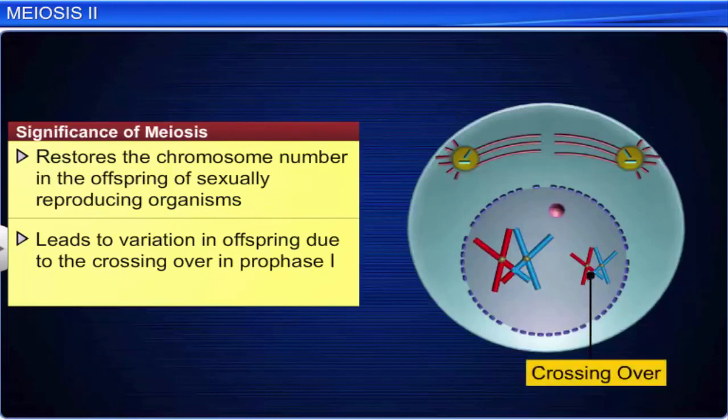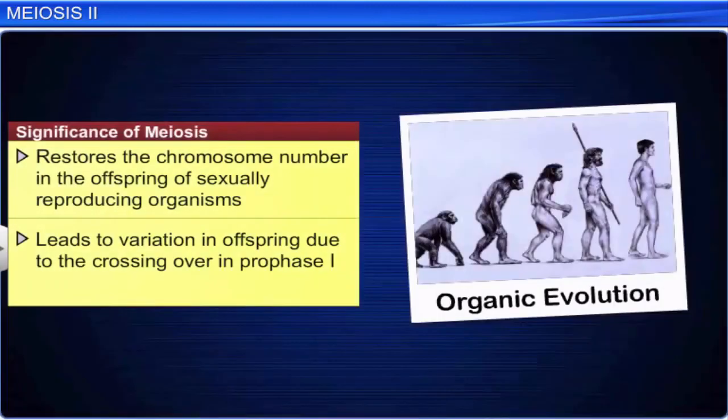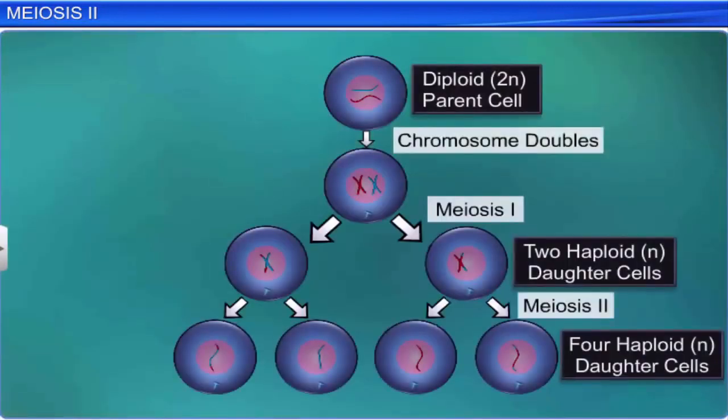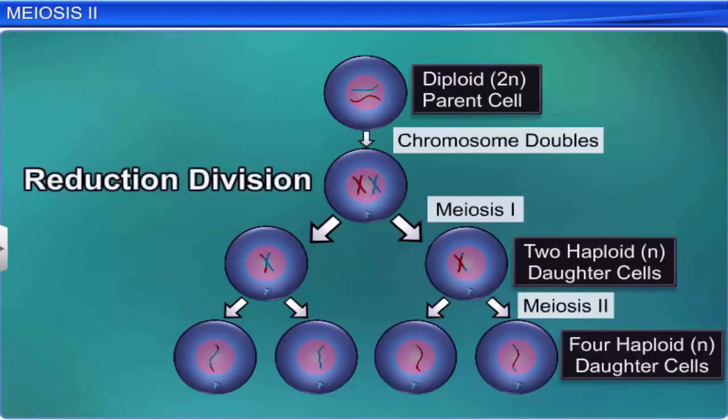Variation plays a very important role in the process of organic evolution. Meiosis takes place only in reproductive cells or germ cells and is also known as reduction division, as the number of chromosomes is reduced to exactly half in the daughter cells.